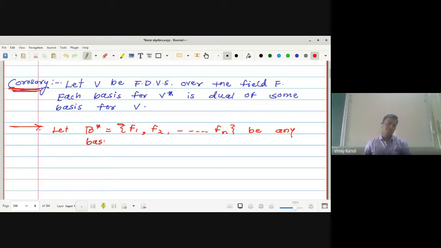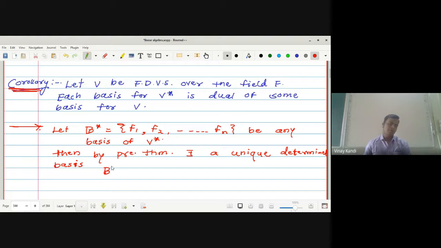Then by the previous theorem we have seen in the last lectures, there exists a uniquely determined basis B double star, which is equal to L1, L2 up to Ln, a basis for V double star, such that Li of fj is equal to delta ij, where i runs from 1 to n and j runs from 1 to n.